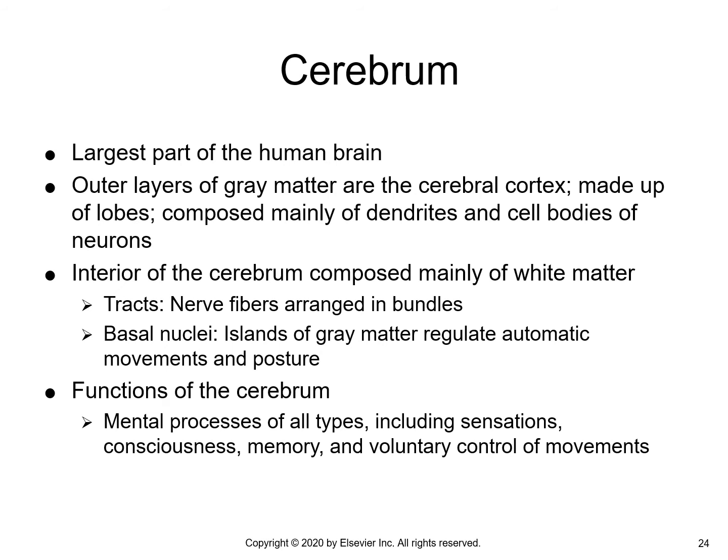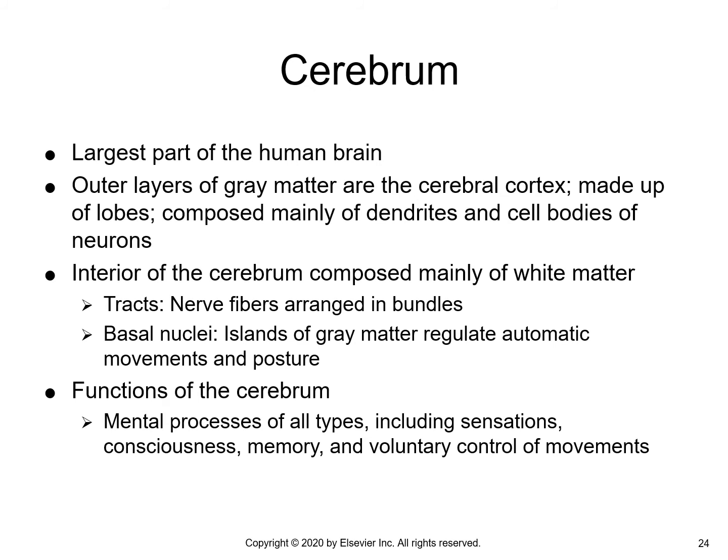So now, students, let's talk about the cerebrum. It's the largest part of the human brain. The outer layer of gray matter is the cerebral cortex. It's made up of lobes, composed mainly of dendrites and cell bodies of neurons. The interior of the cerebrum is composed mainly of white matter.